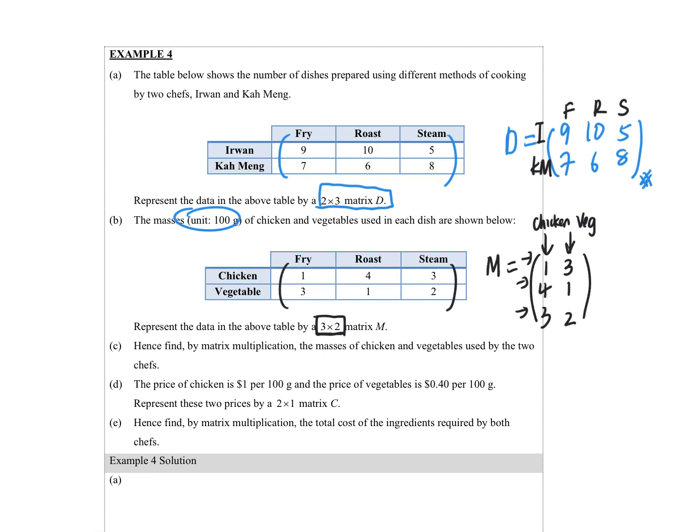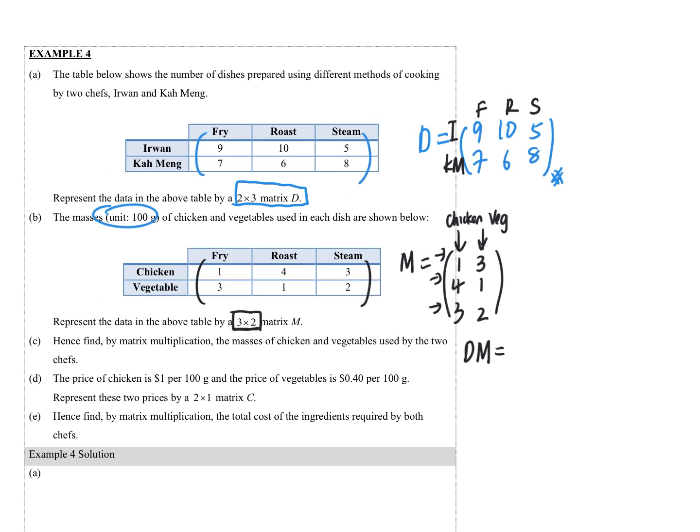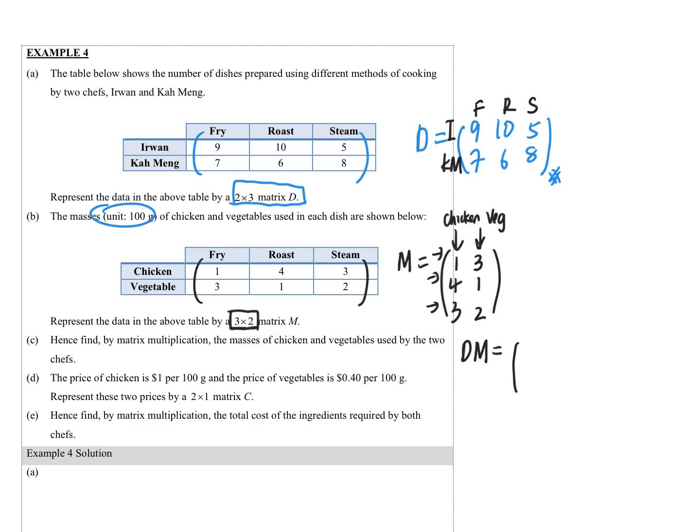Okay, then they say hence, can you find by matrix multiplication the masses of chicken and vegetable by the two chefs? So what should I find? Actually, can you see it is D times M? Because this is by Irwan, this is by Cumming, fried, roast, steam.